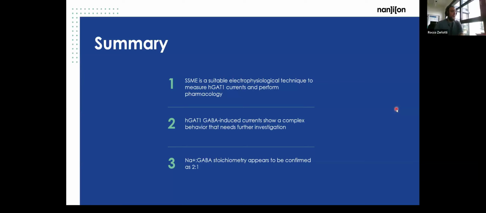Okay, so as a summary, solid supported membrane electrophysiology seems to be a suitable electrophysiological technique for measuring GAT1 currents and also to perform some pharmacology. It also sheds some light on the fact that still the GAT1 mechanism is not yet completely understood.